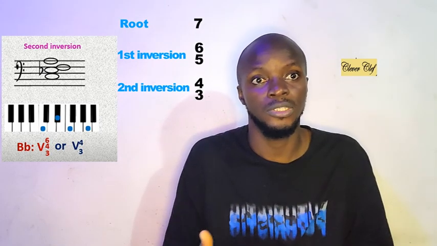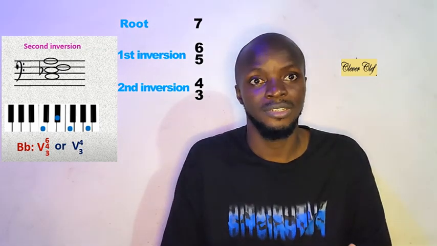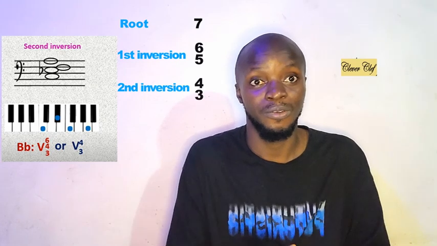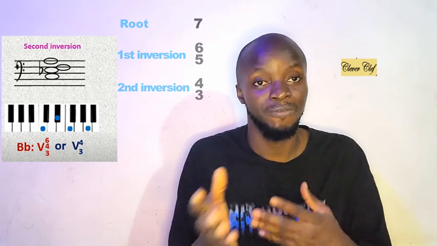Remember while discussing the simple chord, we only had the first inversion and the second inversion. I told you that when you try to invert it further, you go back to the root position again. But in this case, since we have 4 notes, we can now have the third inversion.